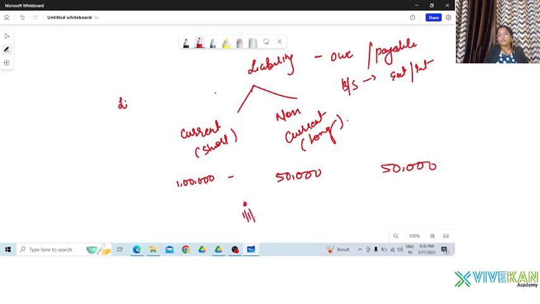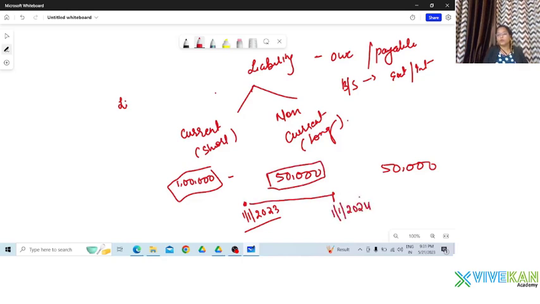Suppose 1st January 2003, to take it as a simple example. On this point of time you have done this transaction, you have done purchases, and you have a liability to pay 1 lakh rupees. Now the liability is such that you have to pay 50,000 within 12 months, that is, the due date for payment is 2024. The next 50,000 you have to pay in the next 12 months.